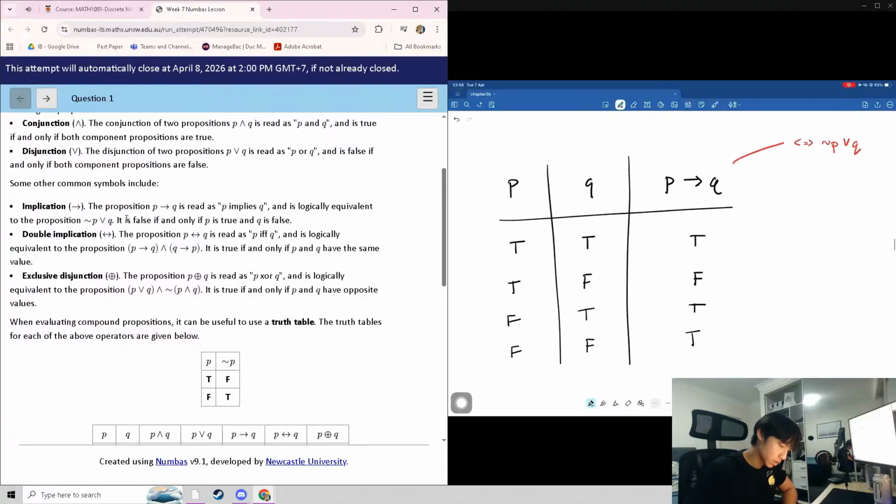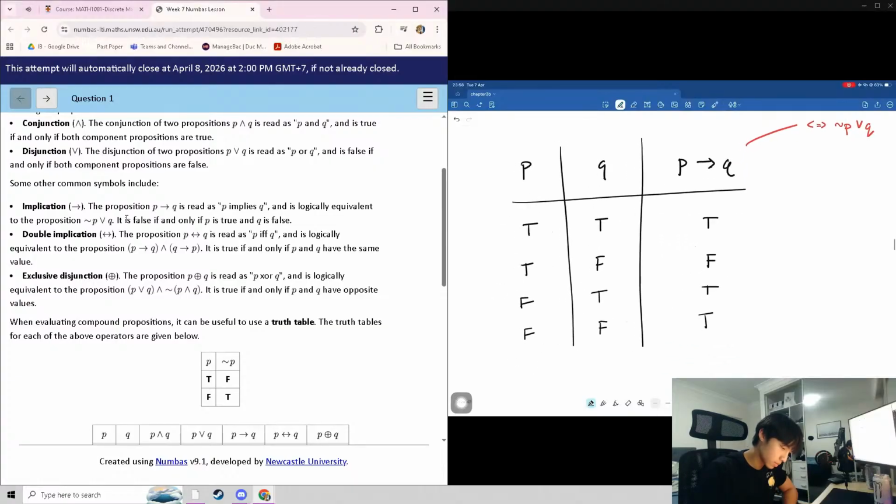But what I would just look at is, right, P implies Q, right? So if P is true and Q is true, then it doesn't matter.